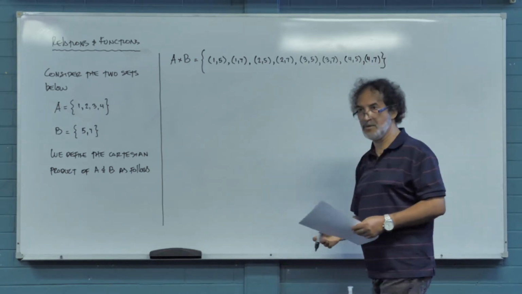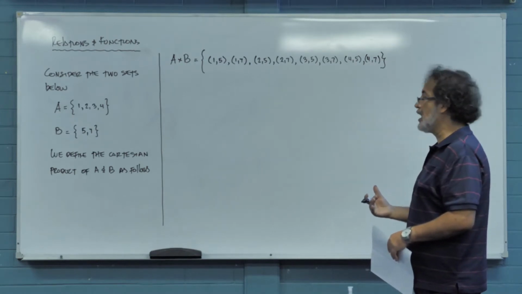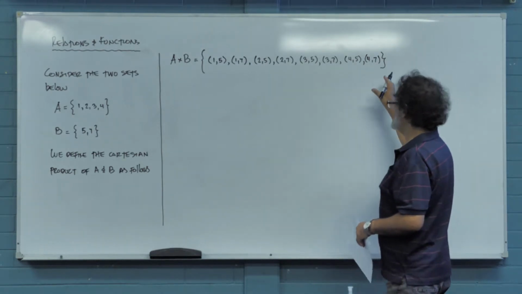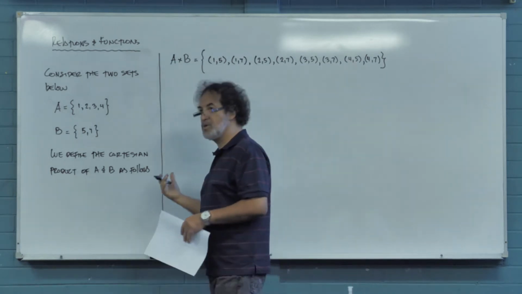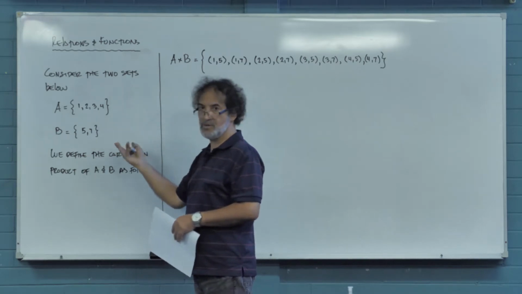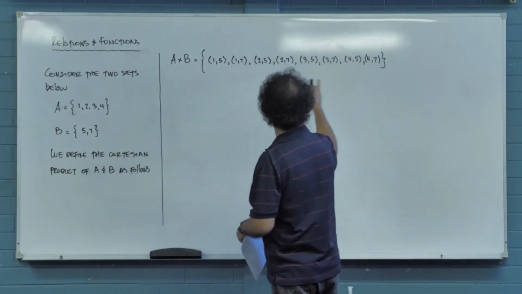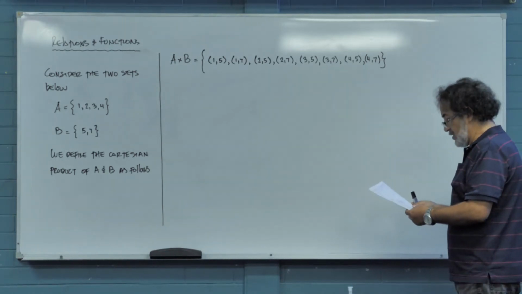So you can see the multiplication is very easy, and it will give you a set of points. You can see how many points you're going to have: you multiply 4 times 2, so you should have 8 points, and that is the case.